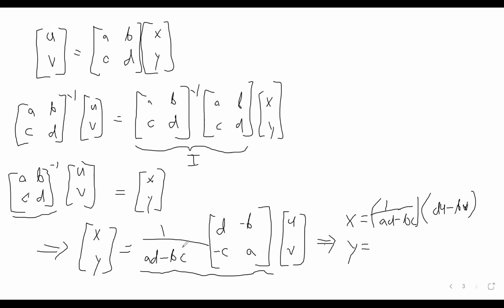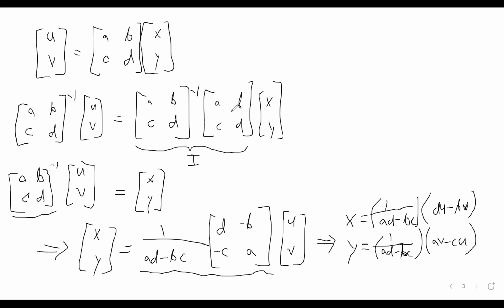And y is equal to the same constant 1 over AD minus BC times the second row entry, which is negative CU plus AV, or AV minus CU. So x and y are that, and we've now solved the linear system.